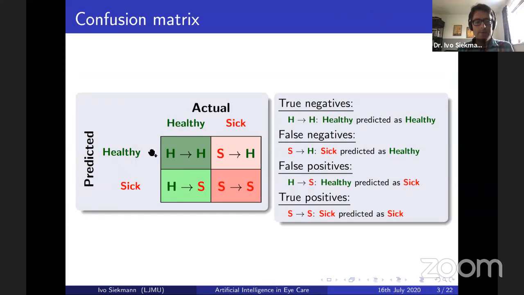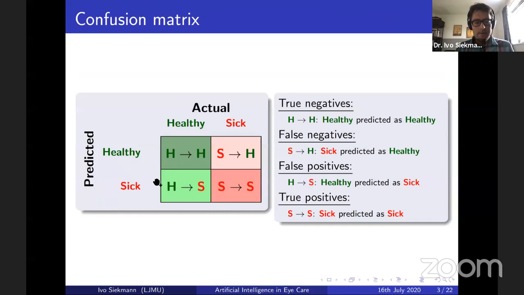The numbers we put in this matrix are determined as follows. On the upper left, we have healthy patients that are predicted as healthy. And here on the upper right, we have sick patients that are predicted as healthy. So this is one type of mistake.